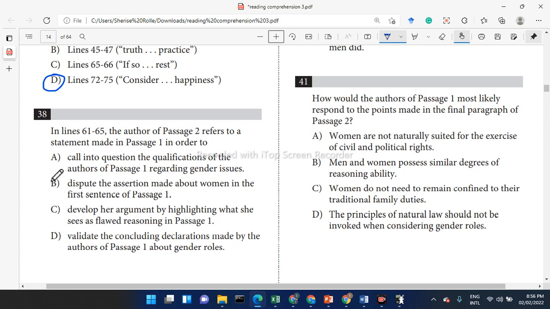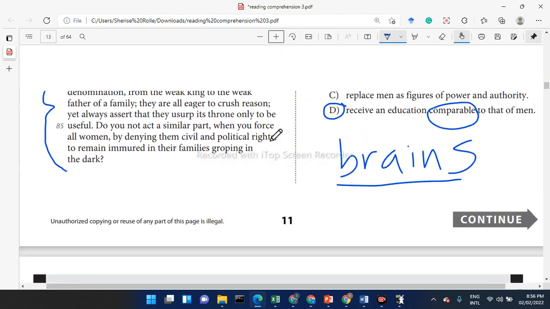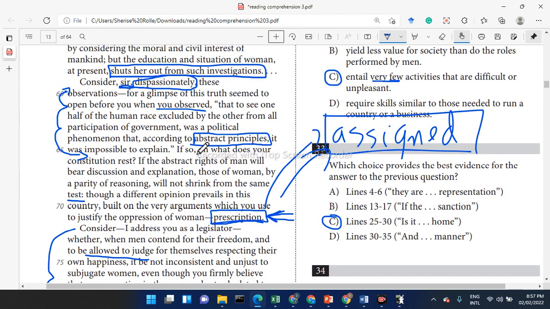Yeah. So she's trying to show that his reasoning was flawed, because she's saying that hey, you say that it's impossible to explain this inequality by abstract principles.